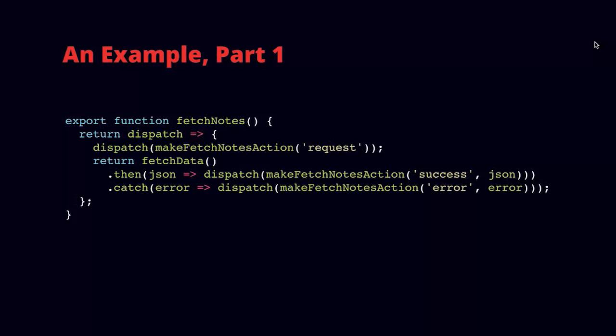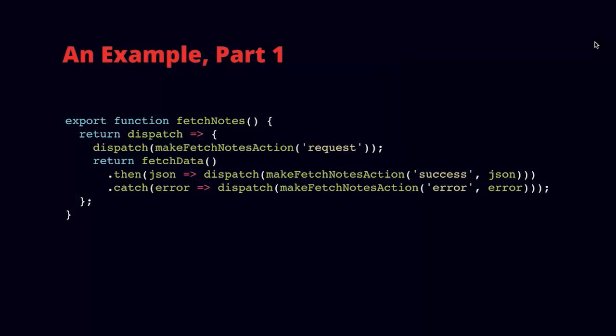So here's how we then implement fetch nodes. Fetch nodes returns a function that takes dispatch. This is ES6 fat arrow syntax. So fetch nodes returns a function that takes the dispatch function as an argument. Basically Redux will call our function and give it a way of actually dispatching actions.